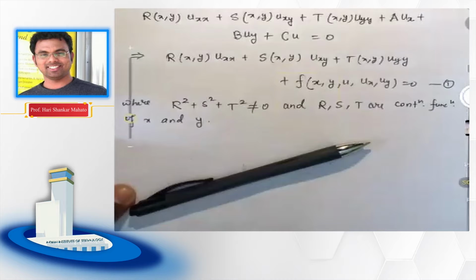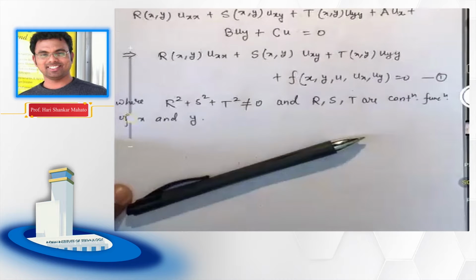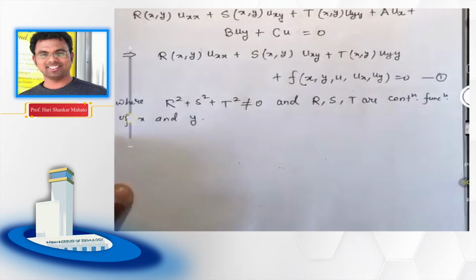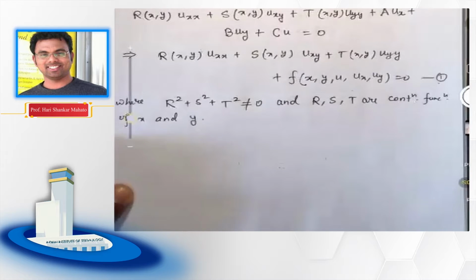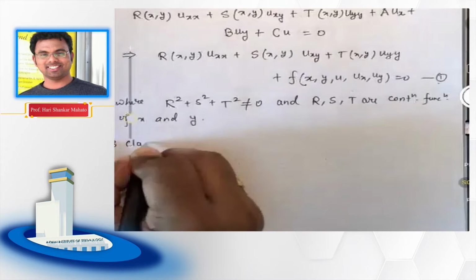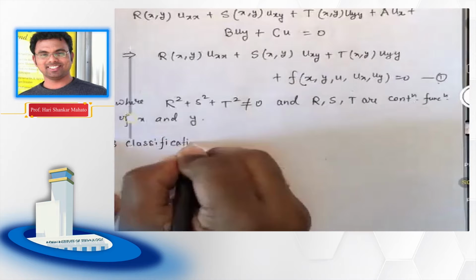So what do we mean by canonical form, and how do we do the classification? There is something called classification of PDEs in the canonical form. First we have to classify which type of PDE this is, and then we will do the canonical form. So our topic in the agenda is classification of PDEs.